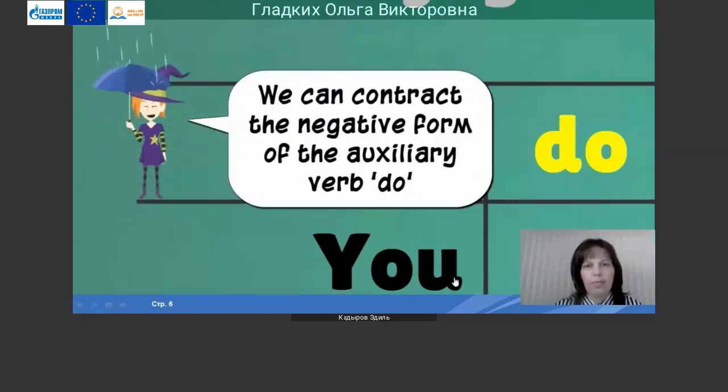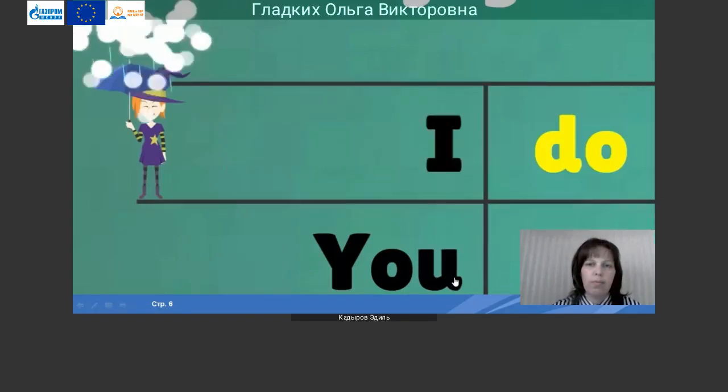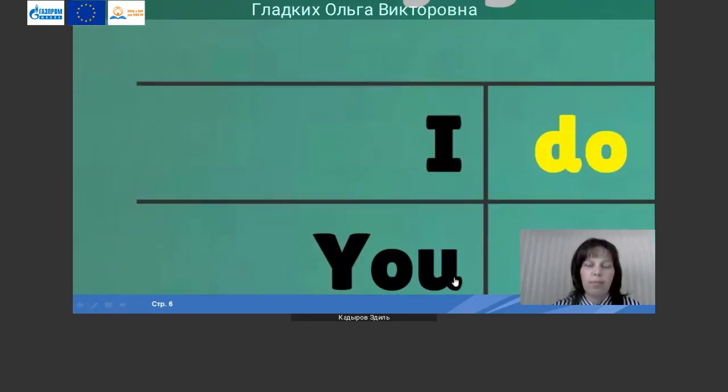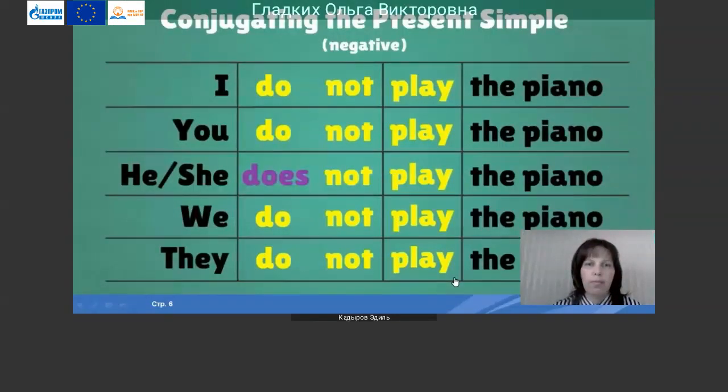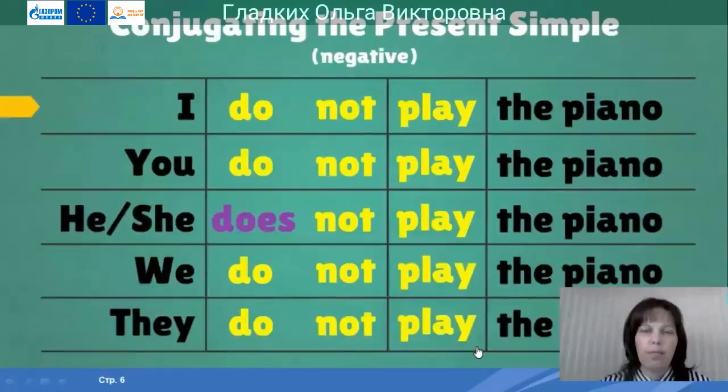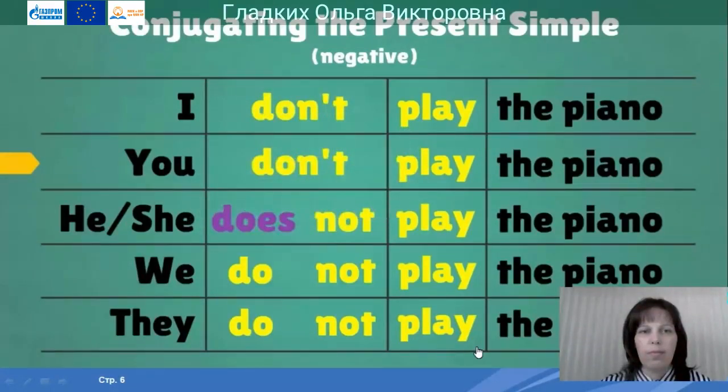We can contract the negative form of the auxiliary verb, do. I do not. I don't. You do not. You don't.